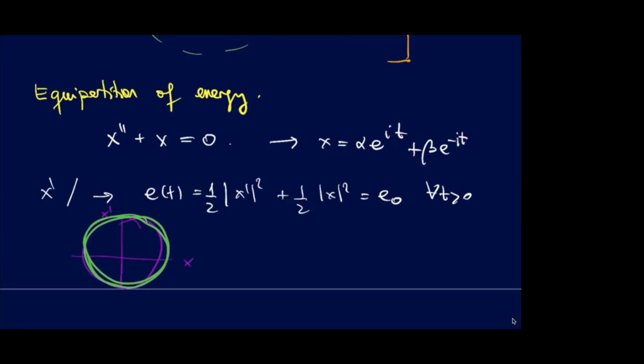Because when you are here, x is maximized, but x prime is equal to 0. So when you are crossing the horizontal line along the trajectory, all the energy is concentrated on the potential component. While when you cross the axis, x equals 0, then x prime is maximized. So all the energy is concentrated on the kinetic component.